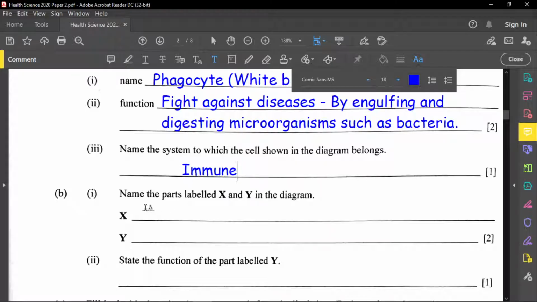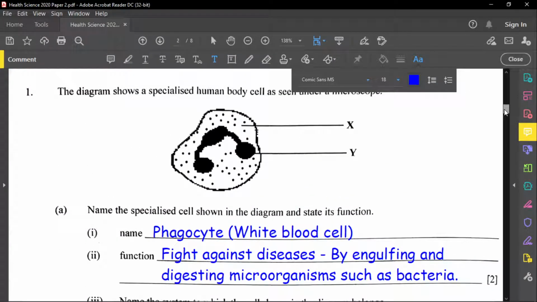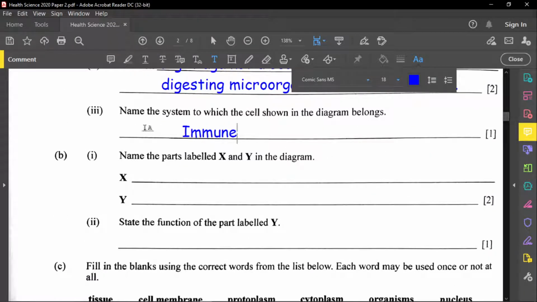Part B now is to name the parts labeled X and Y. Let's go back to the diagram to see what X and Y are. X here is the cytoplasm and Y is the nucleus. Now we state the function of Y, which is the nucleus.